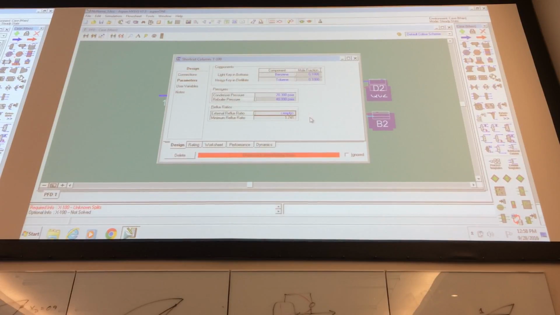What's 1.3 times 1.7? Get that number? 2.6. Okay, there you go. Simple as that, right?